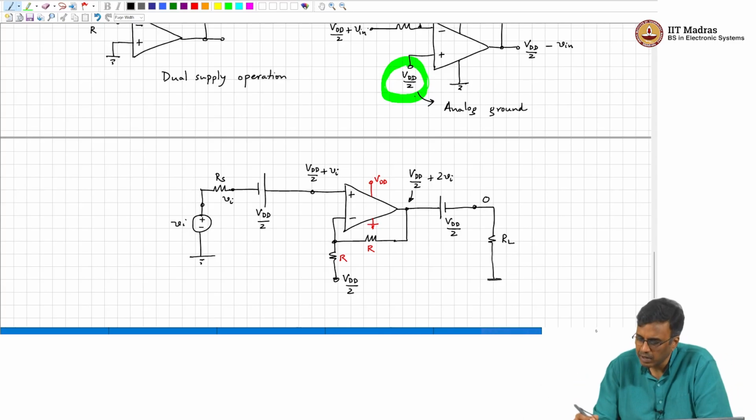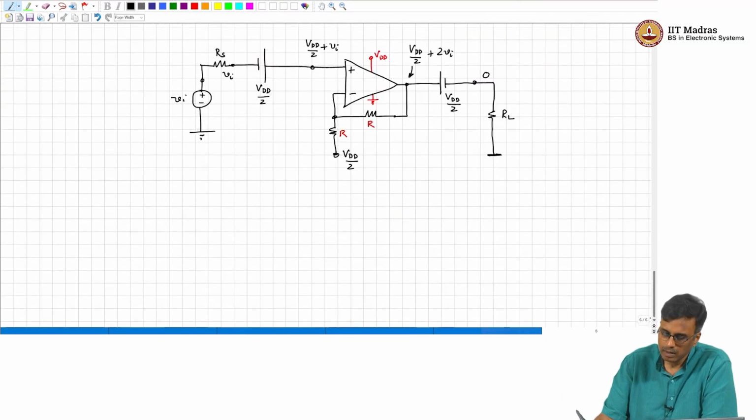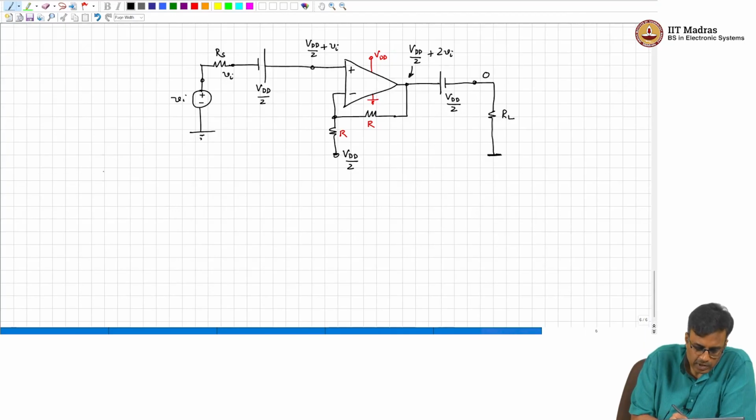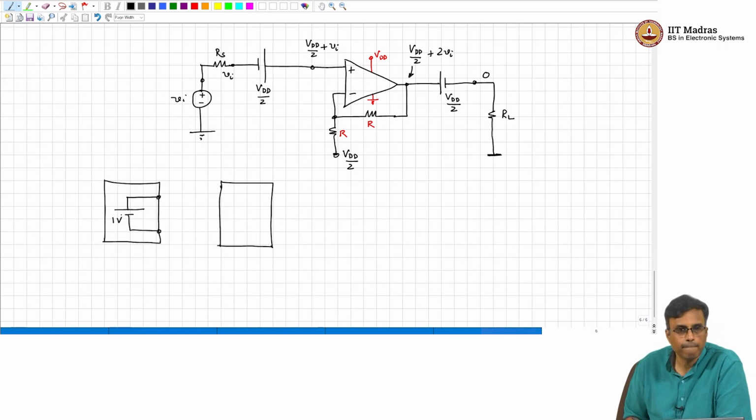And to see that, let me ask you a leading question. Suppose I gave you 2 black boxes. One contained a battery, inside there was a battery of voltage 1 volt.